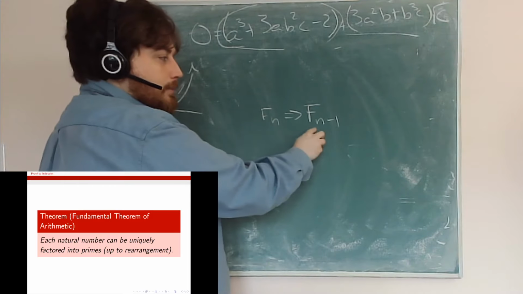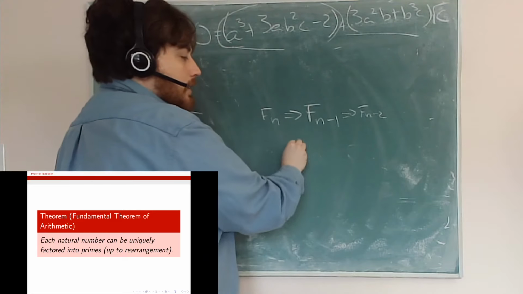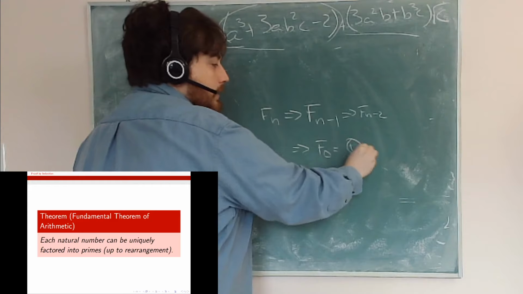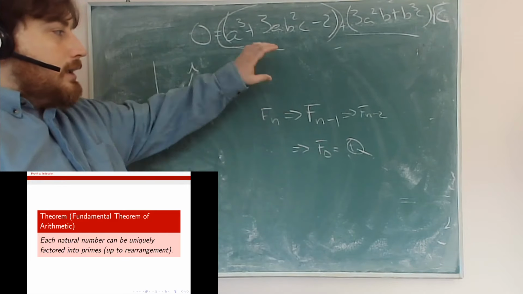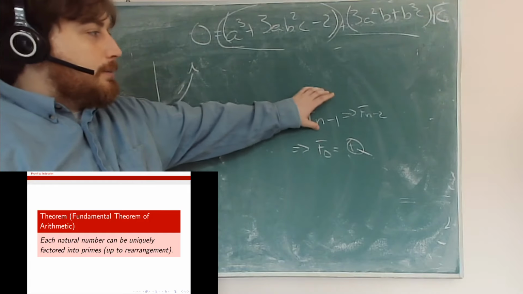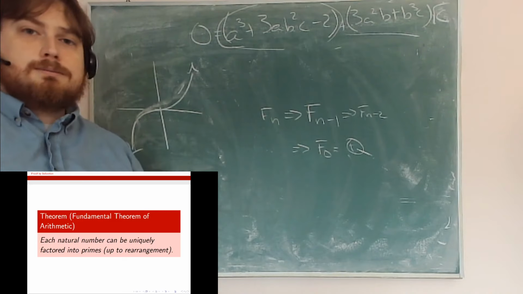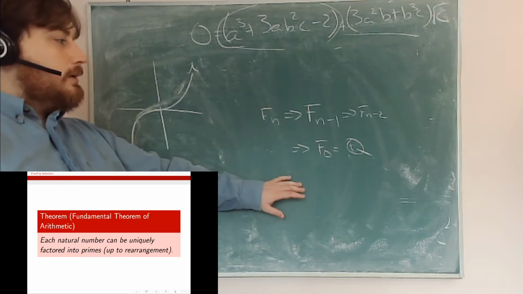Using the same proof, that would imply it's in F sub n minus 2, all the way down to my base case, which would be F sub 0, or Q. So inductively, we get that if it's in any F sub n, it's in the previous one. Therefore, it would have to be rational. So that's the inductive step here.